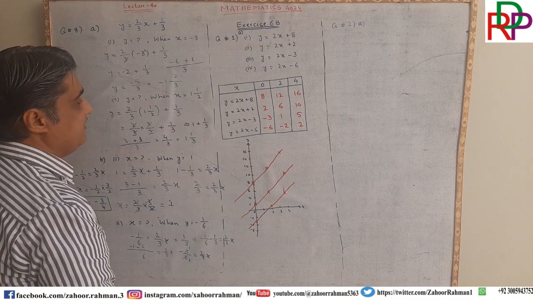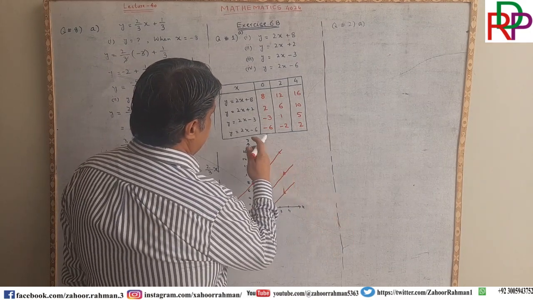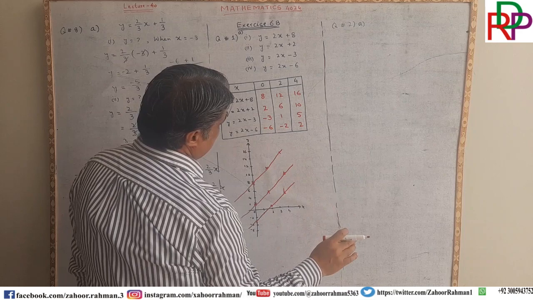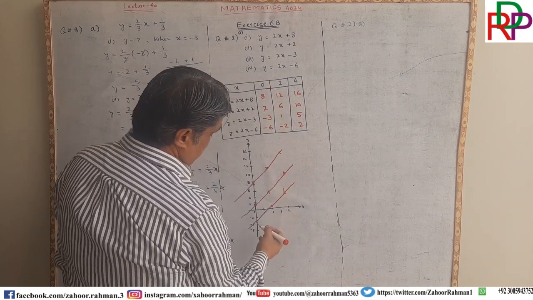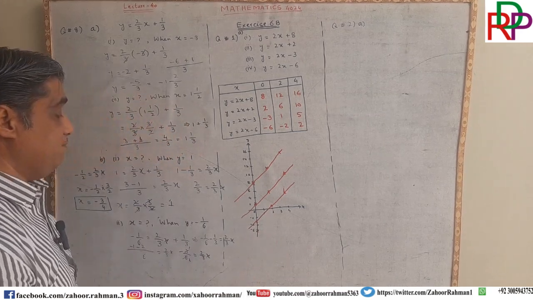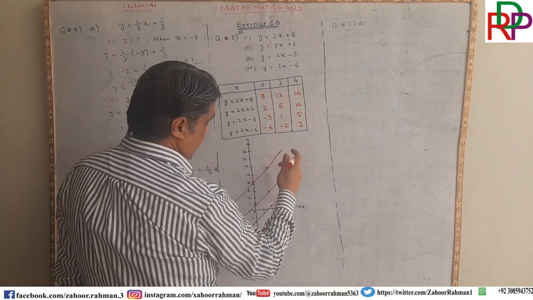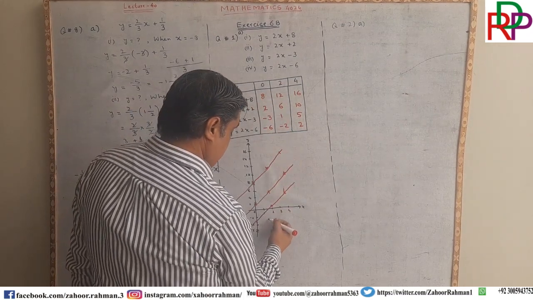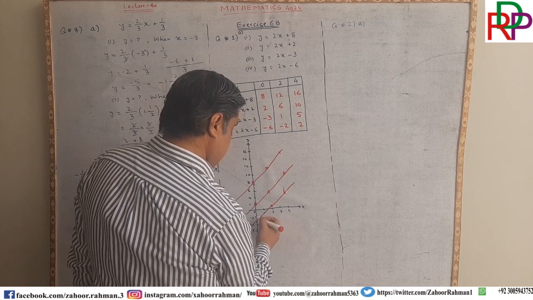Now the final one, and then we will derive an observation about the lines, which is the second part of this question. When x is equal to 0, y is equal to minus 6. This will be the point. And when x is equal to 2, y is equal to minus 2. So it will be somewhere here.